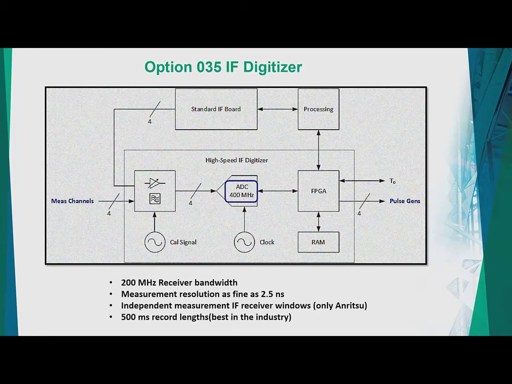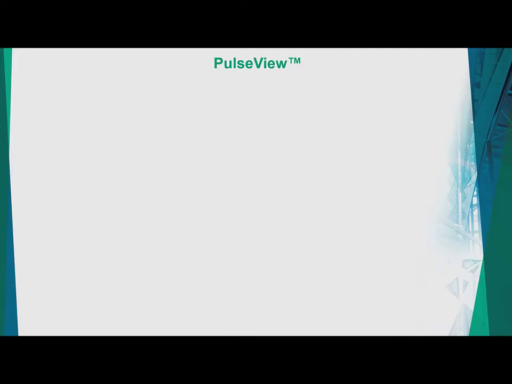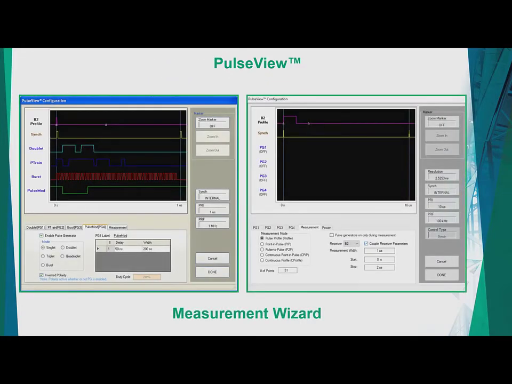Option 35 is the IF digitizer that we have in place, and that gives an unprecedented IF measurement bandwidth of 200 megahertz, which gives us a resolution of 2.5 nanoseconds in the pulse measurement. Option 42 is the wizard by which a lot of pulse measurements, which are not available anywhere in the world, can be made very easily.